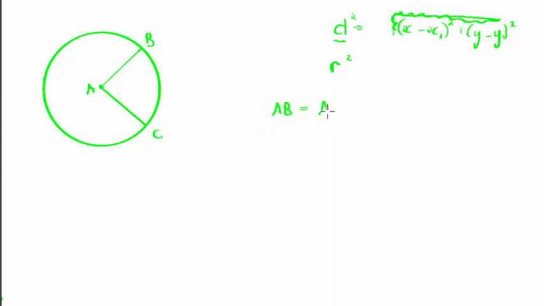Is AB equal to AC? Technically it's congruent, it's not the same line. If you said equal, it's not wrong, I'm just trying to get you into the right habit. You said equal radius. Okay.